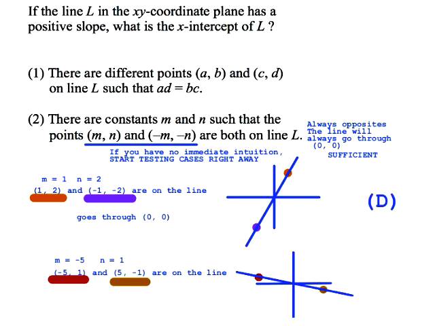Okay. Now let's see where there's a bunch of action happening. Gabriella, that explanation is the entire workup that's on this page. So hopefully that just makes sense. But in statement 2, you're going to get 2 points that are always opposites of each other.